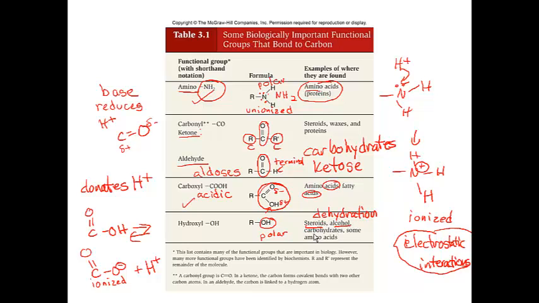Steroids have hydroxyl, alcohol, carbohydrates, and we'll see specific amino acids contain hydroxyl groups as well. So again, take home: identify them, know the special chemical properties, and then learn which molecules will possess which functional groups.